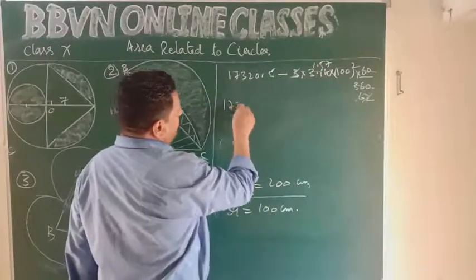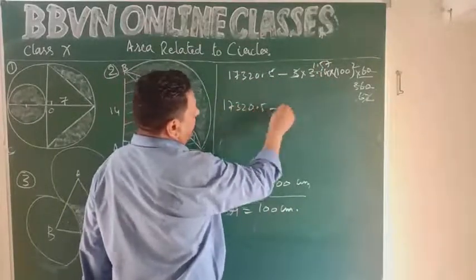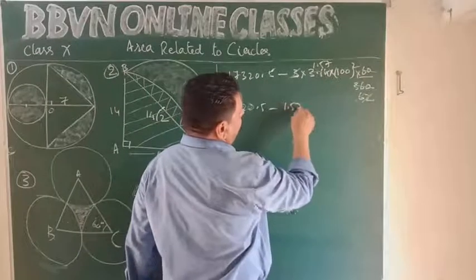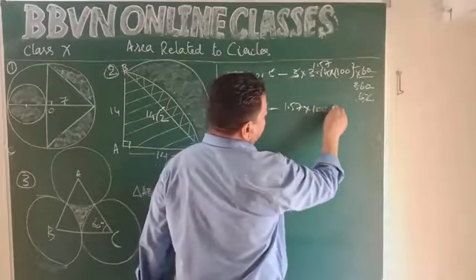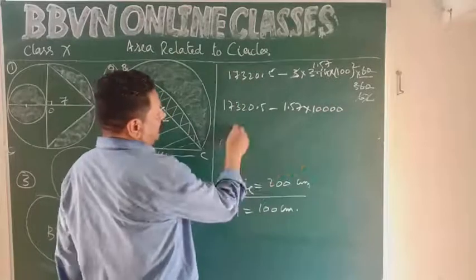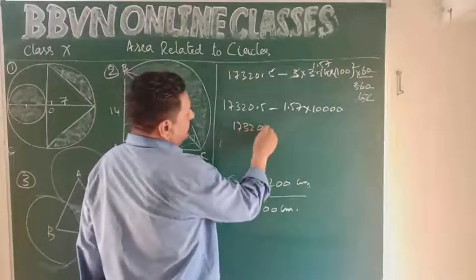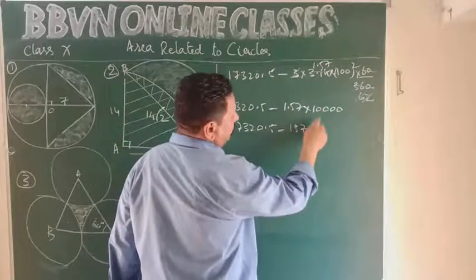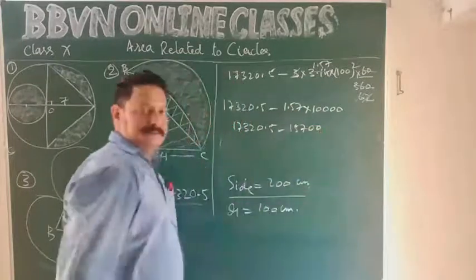So 17320.5 minus 1.57 multiplied by 10,000. So 17320.5 minus 15700, the decimal goes by 2 zeros, 157 and 2 more zeros. Right.